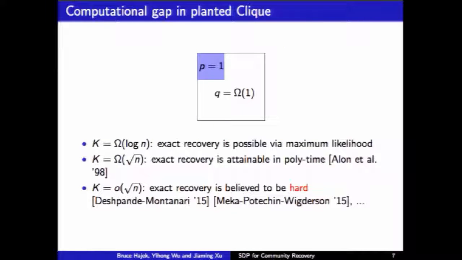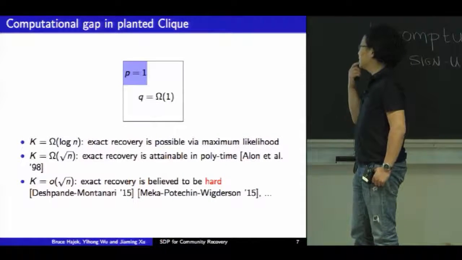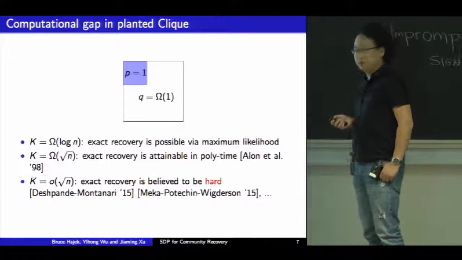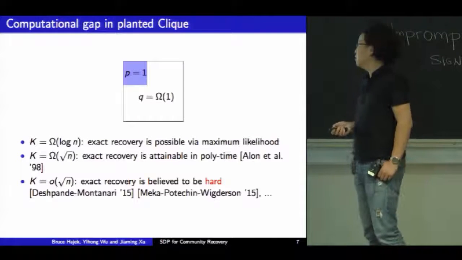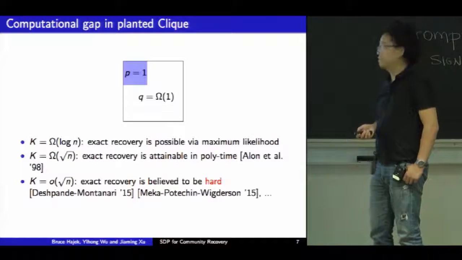As a special case of this, when P is equal to 1 and Q is a constant like 1/2, that's the famous planted clique problem. The main problem in this type of model is to bridge the gap between computational methods and the information theoretical limits.